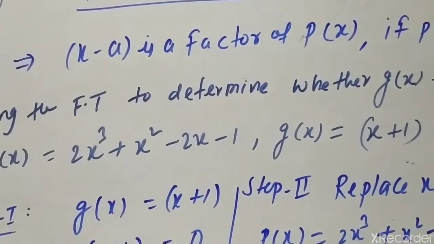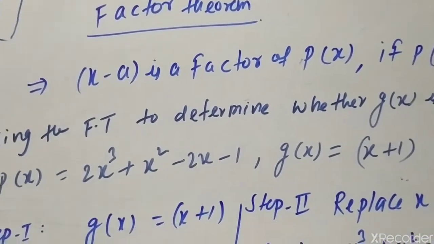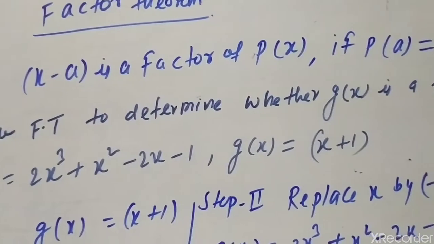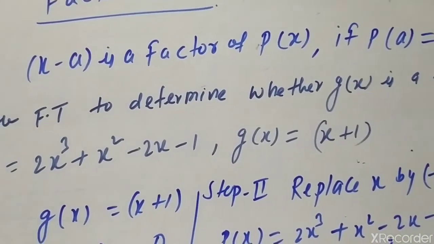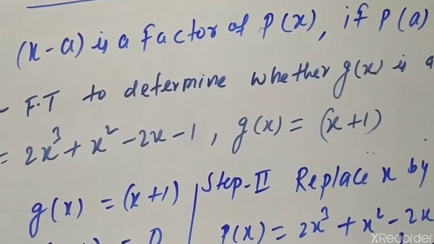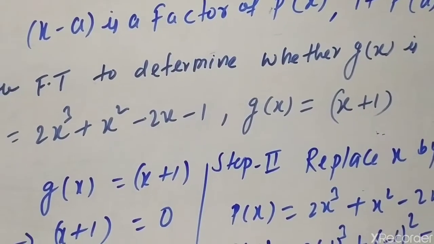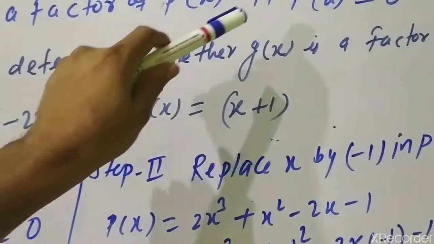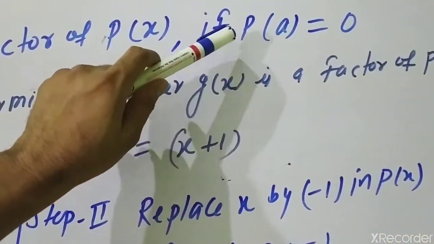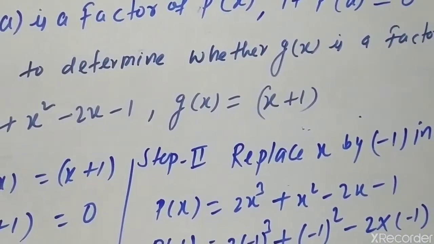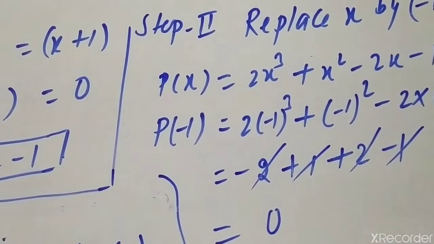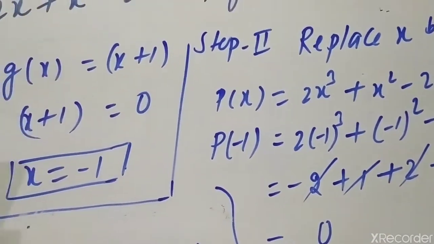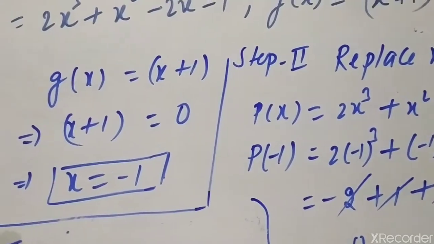In the previous concept, according to the remainder theorem, the value of the polynomial could be any constant, and that constant is the remainder. Here, whatever value is coming is not a remainder; it should be 0. Here it is 0. If it is not equal to 0, we cannot say g of x is a factor of p of x.